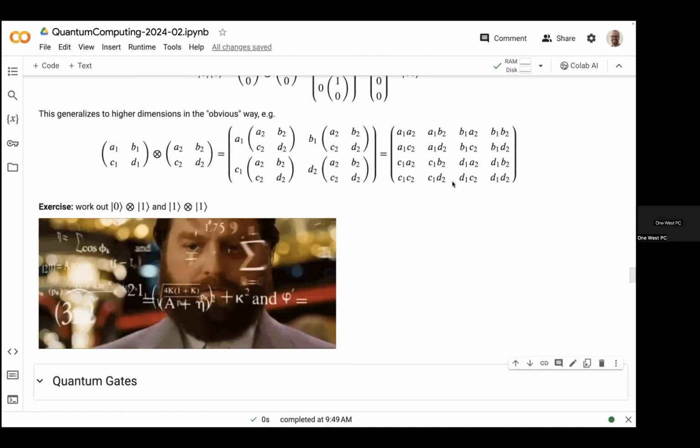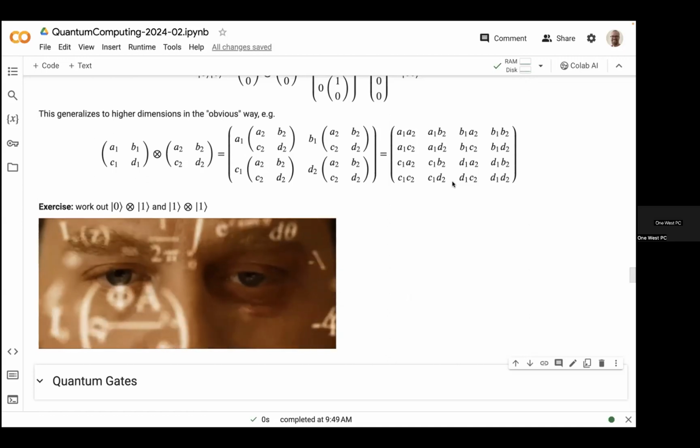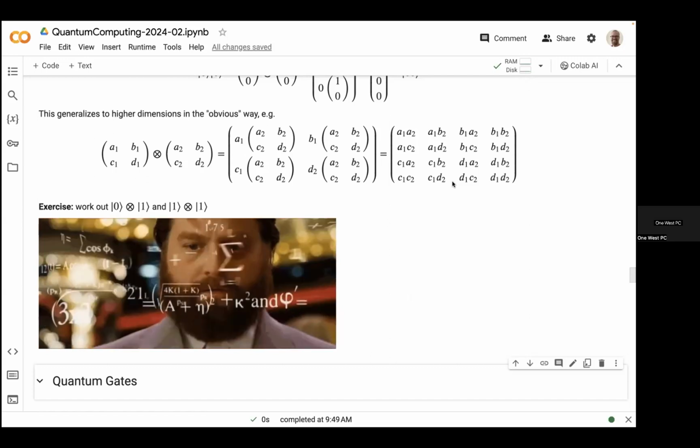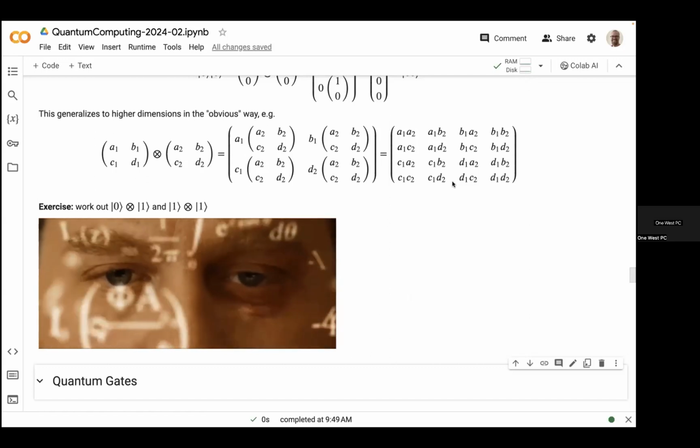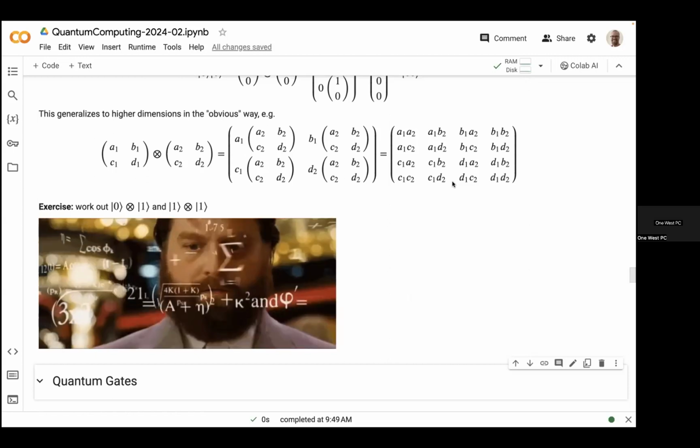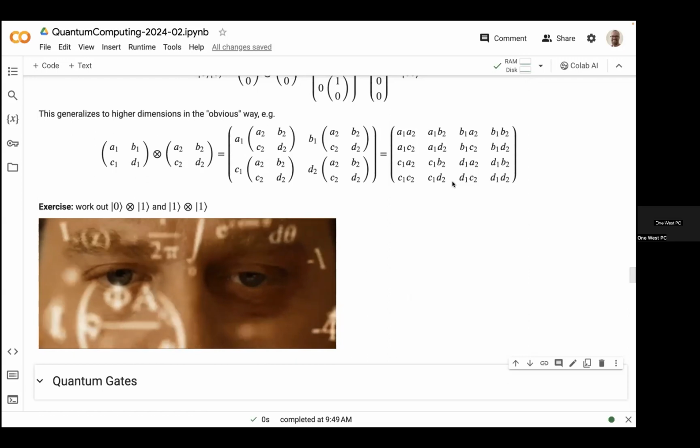I was just curious about the definition of a qubit, fundamentally. I was also surprised when I started learning quantum mechanics that there's a lot of matrix multiplication involved.